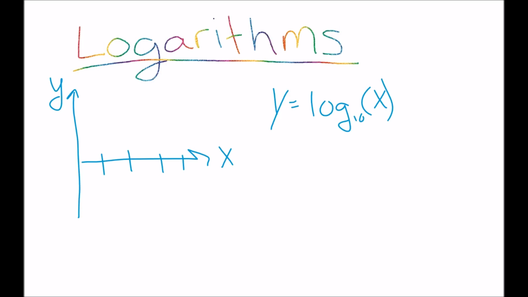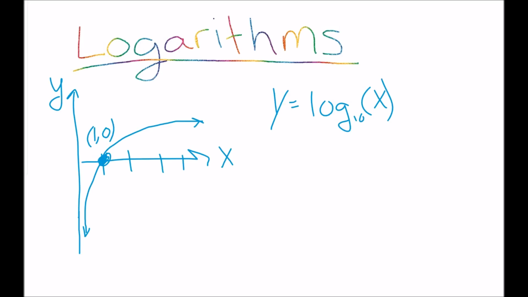The graph of the logarithm will always pass through the point 1, 0, and then it has some asymptotic behavior where it goes like so, getting infinitely close to the y-axis. Let me label this point for you, so that's 1, 0. That is the graph of log x, just so we have it to reference in the future.